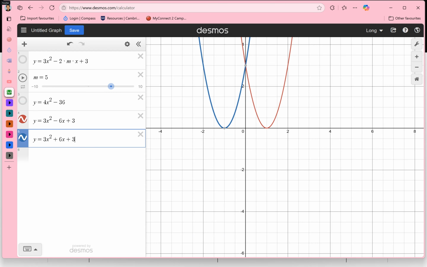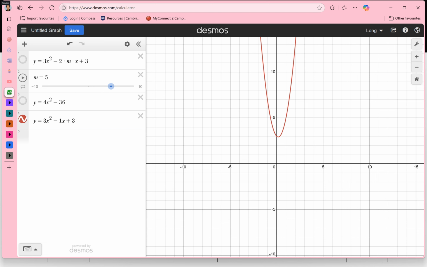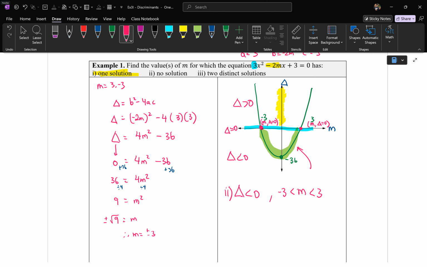So here, instead of -2, let's say half, because I just said between -3 and 3, choose a number, and it should be no solution. So if I said m was half, 2 times half is 1, and look at that. It guarantees you're not going to get any solutions. That's the power of analyzing this graph. The power of analyzing the discriminant graph to determine what the true graph would be. That's what you're trying to do.